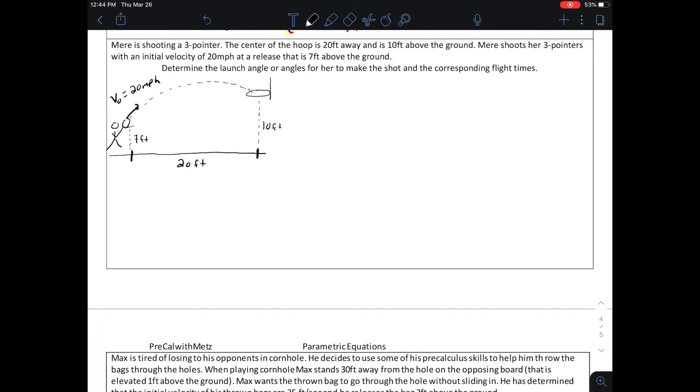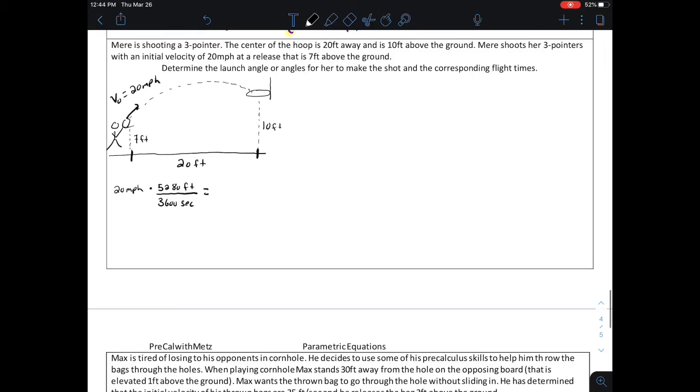Now, in order for us to write our set of parametric equations, everything has to be in terms of feet. And notice how our velocity is in miles per hour. So I have to convert my 20 miles per hour into feet per second, which means I would take my miles per hour, multiply by 5,280, and then divide by the number of seconds, which is 3,600.